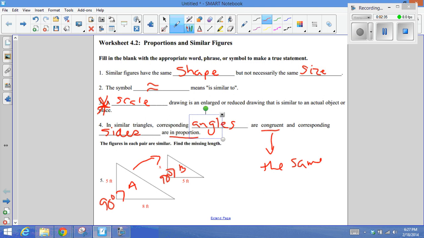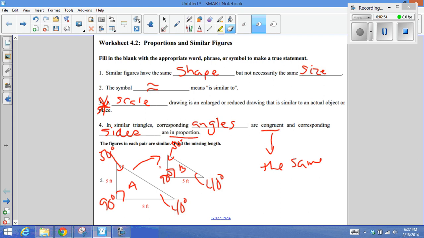So maybe this one here is 40 degrees. That means that this one is 40 degrees. And then if this one is 50 degrees, then this one is 50 degrees. So my angles are all the same in similar figures. Okay, you can kind of think about it like this.